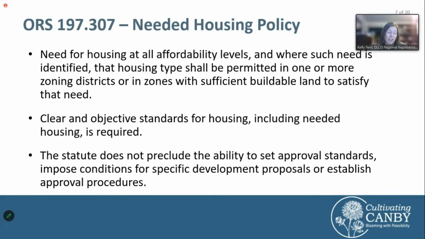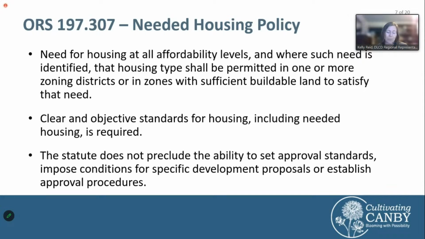The other thing that's very important to know is that cities are allowed to have 2 approval paths for housing. You have to have a clear and objective path, but you can also have an alternative path that is discretionary.